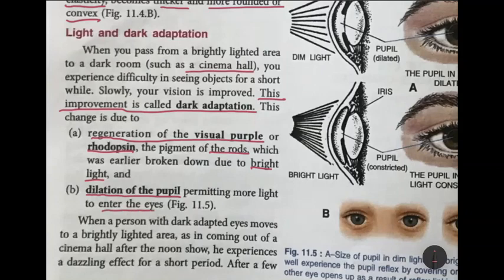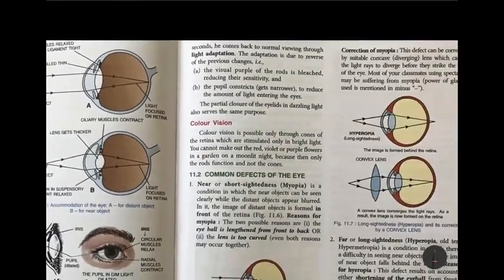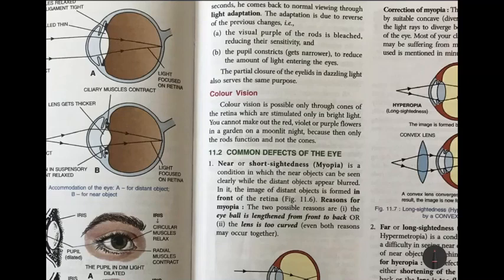Now supposing you finished watching the movie, the cinema hall is dark, and your eyes are adapted for the dark. You need to move to a brightly lighted area, like when you come out from the cinema hall after the noon show. What happens, for some time the sun is shining bright, there is a dazzling effect for a short time, but after some time again it will come back to normal, because now your eyes are ready for light adaptation.